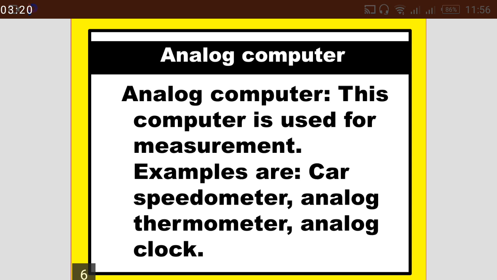So we use some computers that we call analog computer for measurement. So anytime you hear analog computer, always remember we are talking about the computers we use for measurement. And examples are car speedometer, analog thermometer, and analog clock.